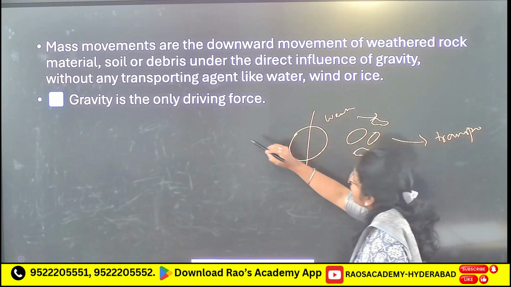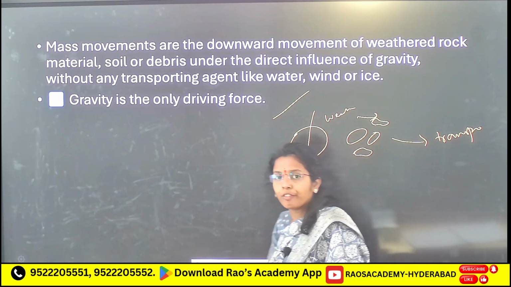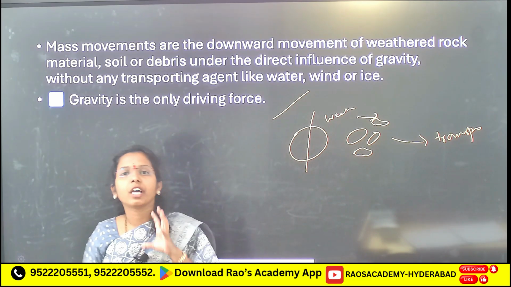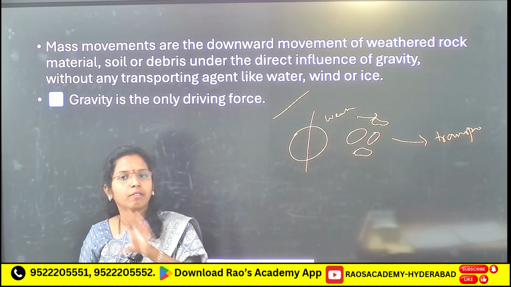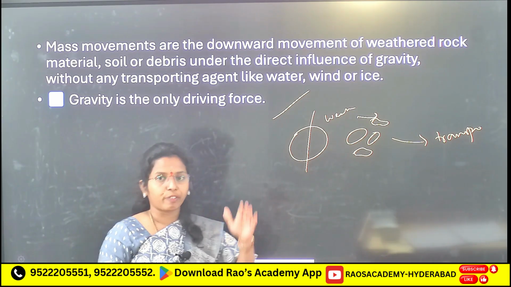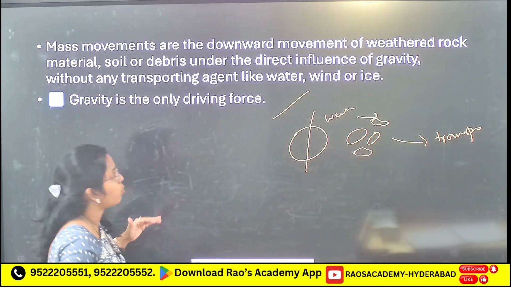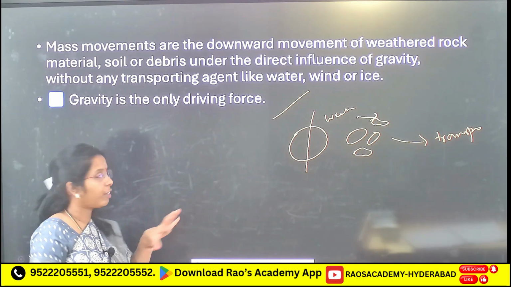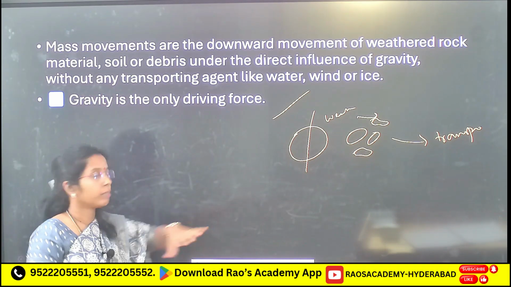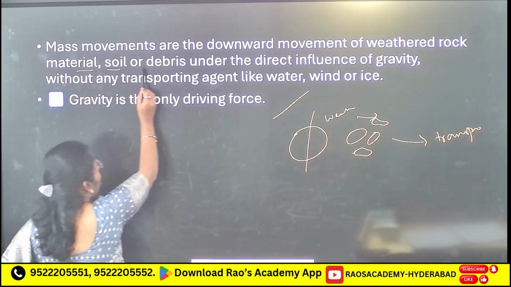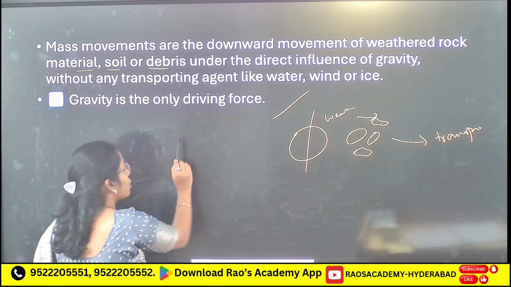But in mass movements, you will see downward movement of rocks because of gravity. You know, gravity never sleeps. Because of gravity, you will see mass movement of weathered rocks. After weathering, mass downward movement of material, soil, debris under the direct influence of gravity.